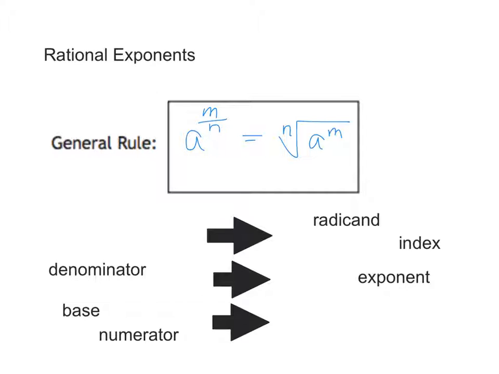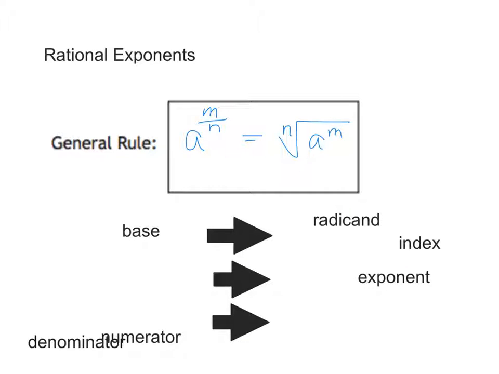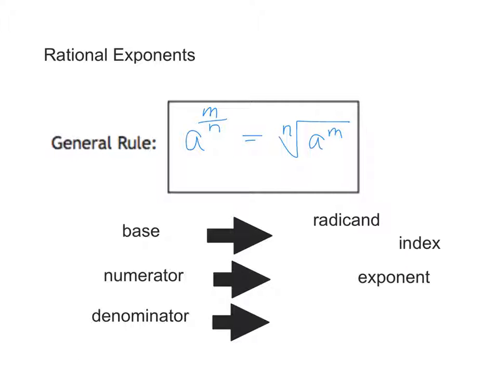In exponential form, it has these three parts: the base, and then the numerator and denominator of the exponent. When we switch it into radical form, the base of the exponent becomes which part of the radical expression? Is it the radicand, the index, or the exponent?